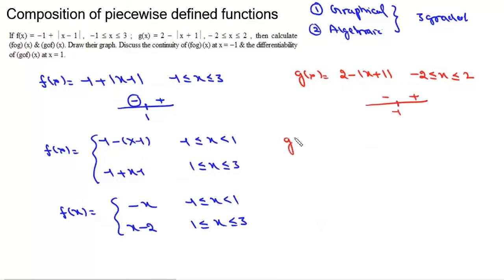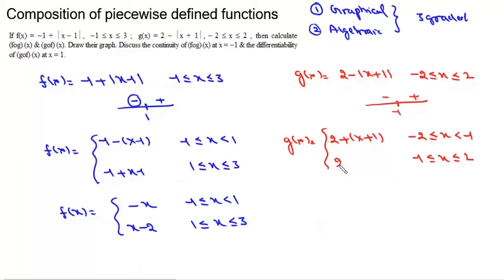So now we can write this function g(x) as, now first we have this interval when x lies between minus 2 and minus 1. Now it is 2, and then in this interval this is negative, so minus minus plus, so it will be 2 plus (x plus 1), and then we have from minus 1 to 2.